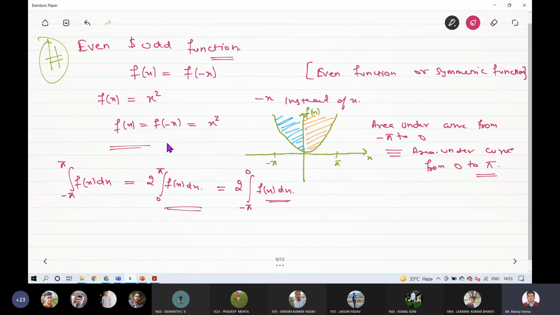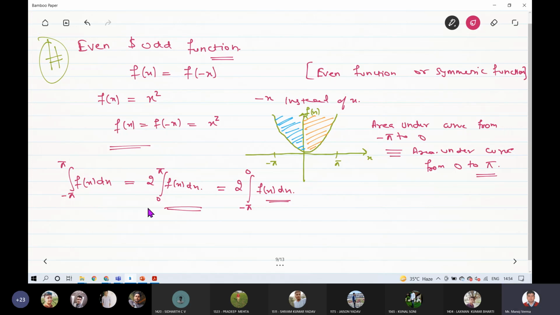Pi is not necessary here, but in the problems we will be dealing with, mostly it is pi. So yes, if a function is even, we can simply change the limits from minus pi to pi into 0 to pi.